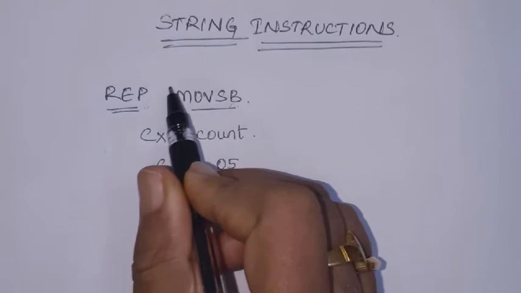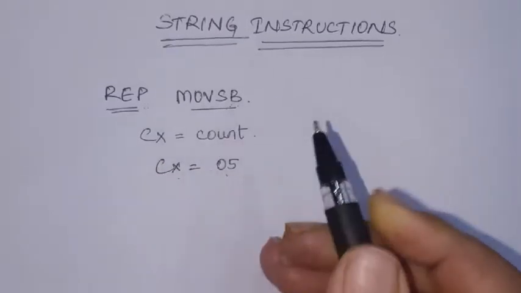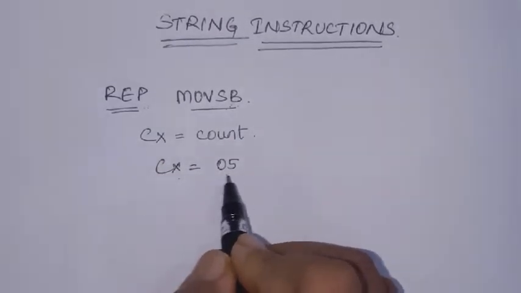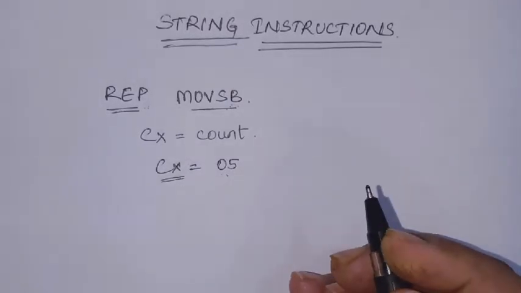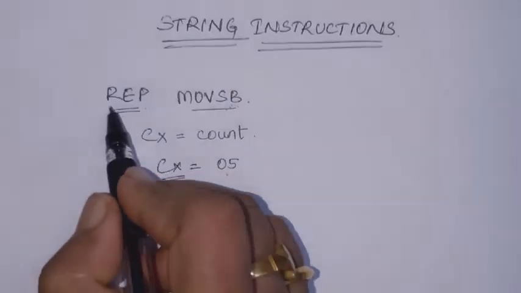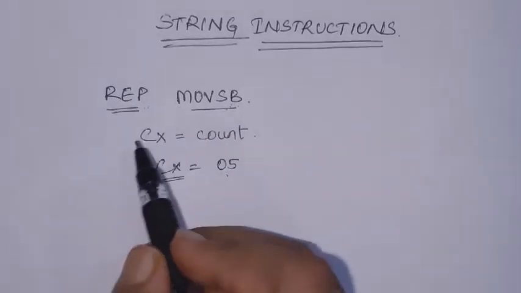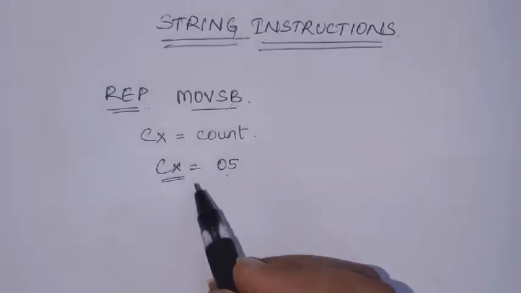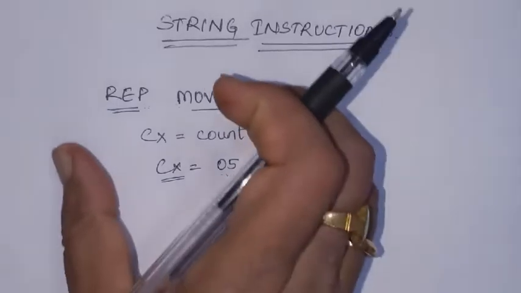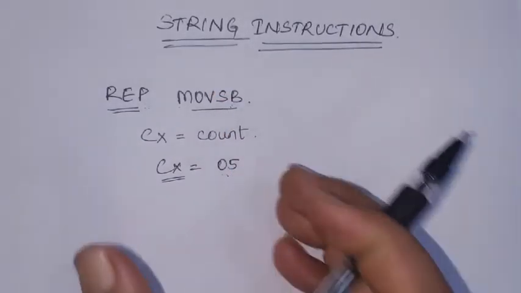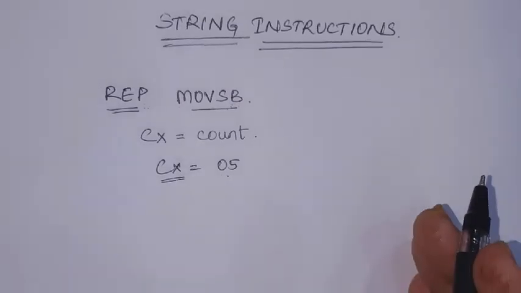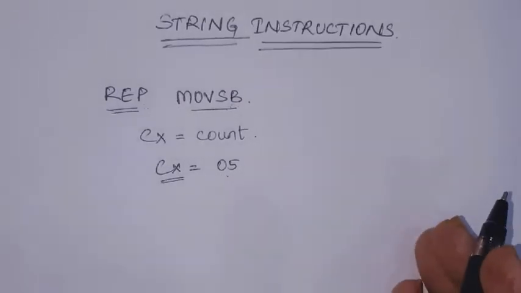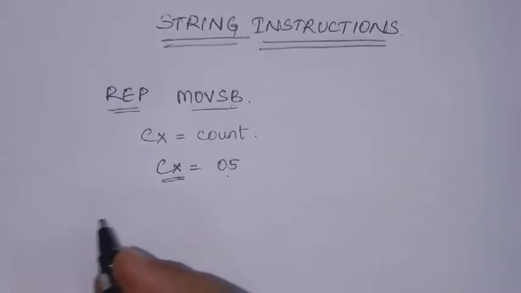So this instruction is repeated the number of times equal to the count loaded into the CX register. This is the repeat prefix. Its purpose is to move a block, a number of bytes, from one memory space to another memory space.